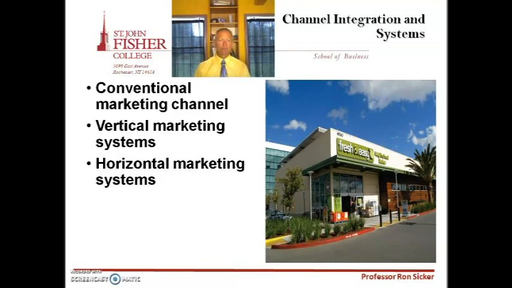Vertical marketing systems is when someone owns all of the channel all the way through. I gave you a story about 2 or 3 weeks ago about paper, when I was managing paper for the vice president of Xerox Corporation.